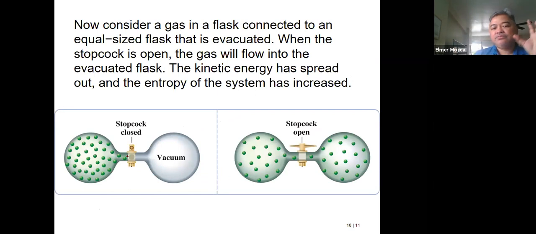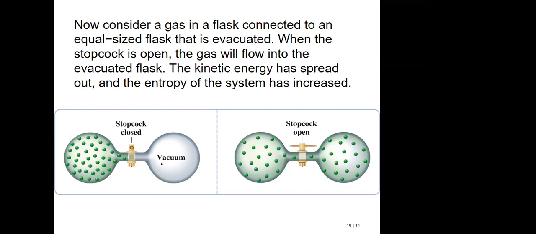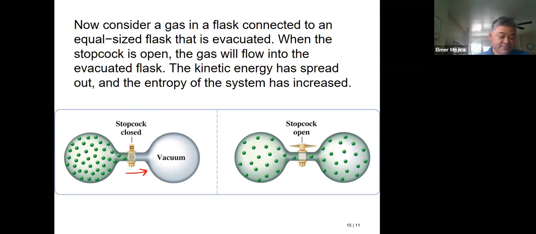If you have two bulbs, one bulb has what we call the gas, the other one is empty. If you open it, what will happen? The gas will disperse. Okay, it will go there. Can it happen spontaneously? Now, how are you going to put this back going there?